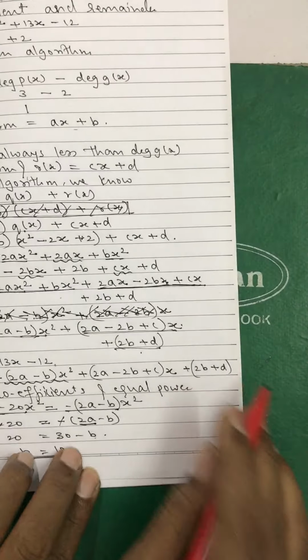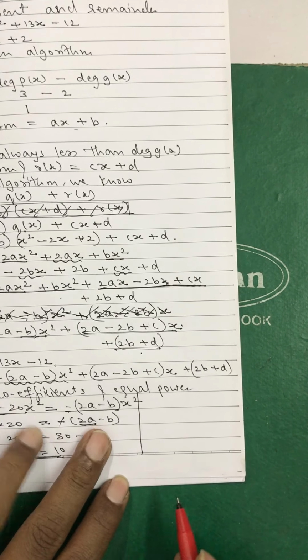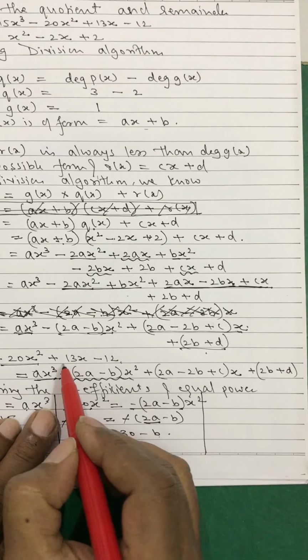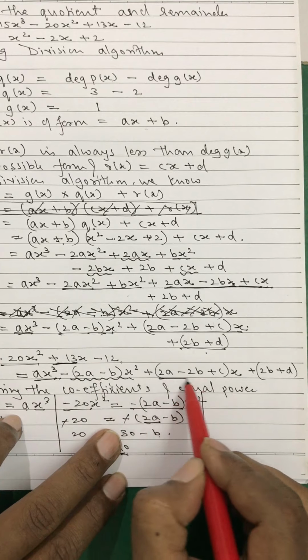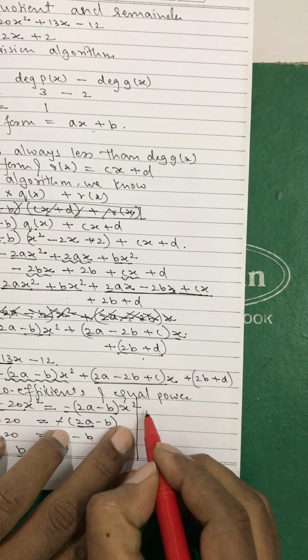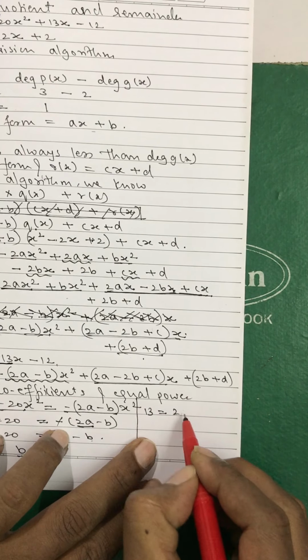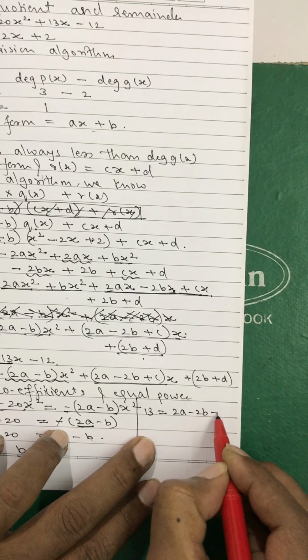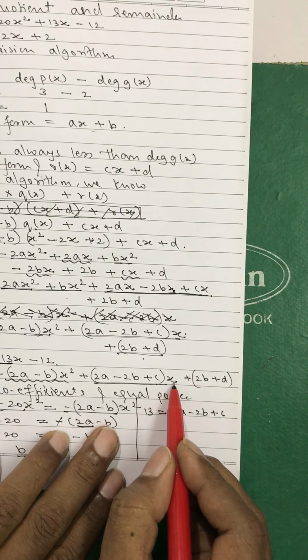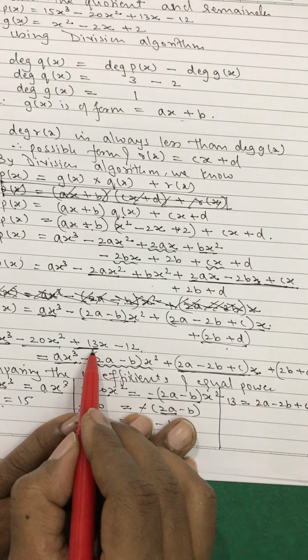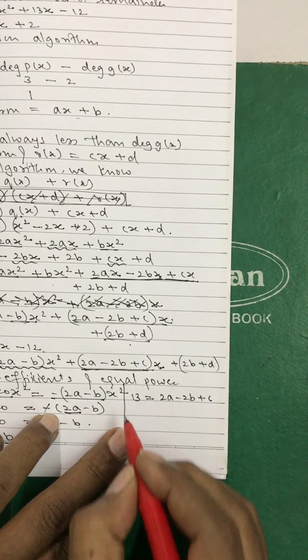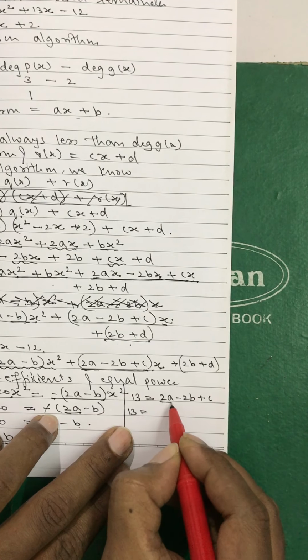Fine. And now I go for this. 13 is equal to this whole thing: 2a minus 2b plus c. Right? Coefficient of x is this. Coefficient of x is 13. So I will get what now? 13 is equal to 2 into a.